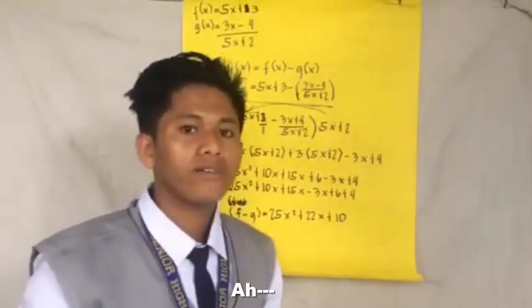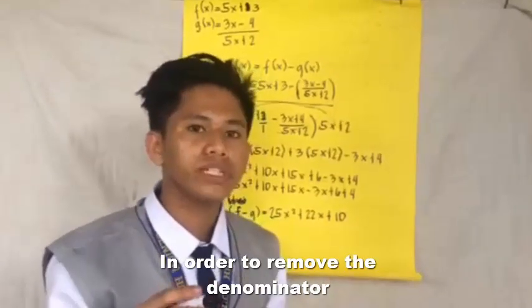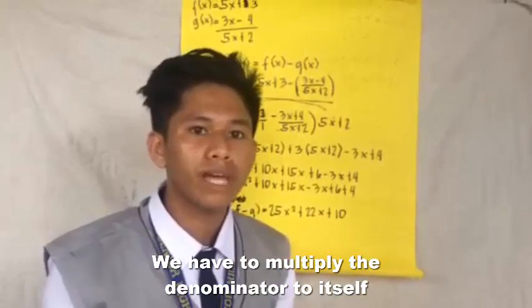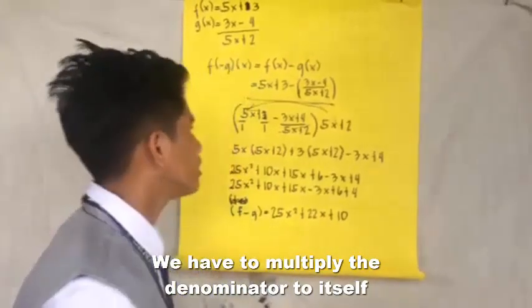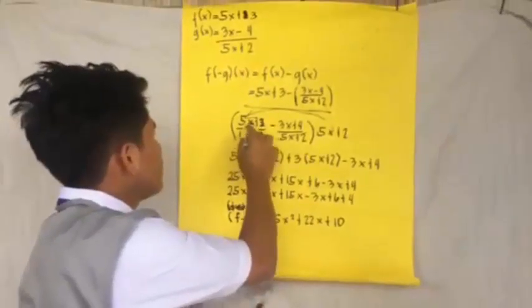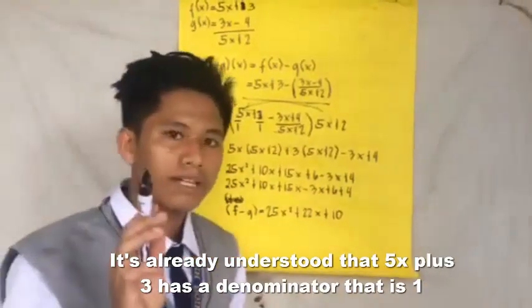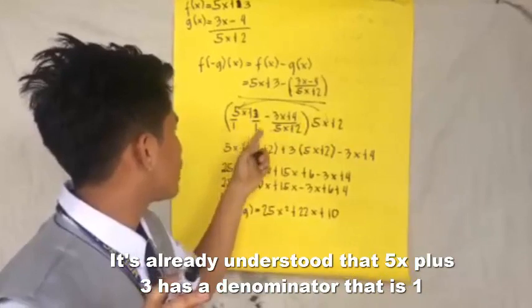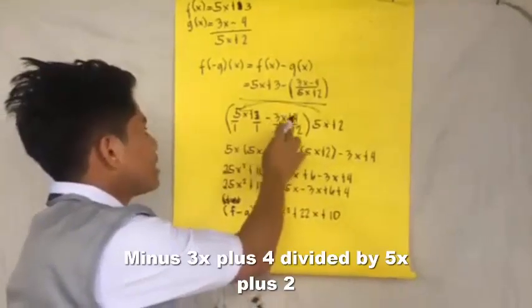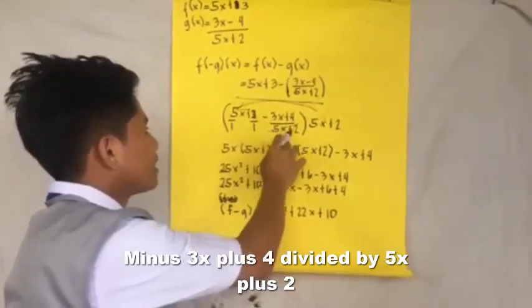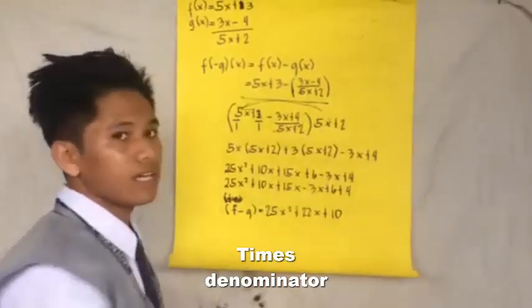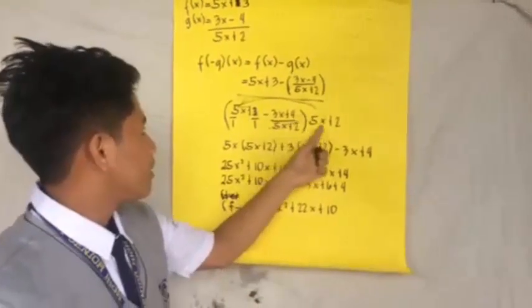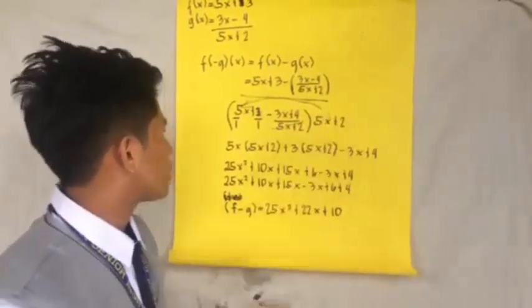Okay, to remove the denominator, we have to multiply the denominator by itself. We have 5x plus 3. Understood that 5x plus 3 has a denominator of 1. Minus (3x minus 4) divided by (5x plus 2) times the denominator 5x plus 2.